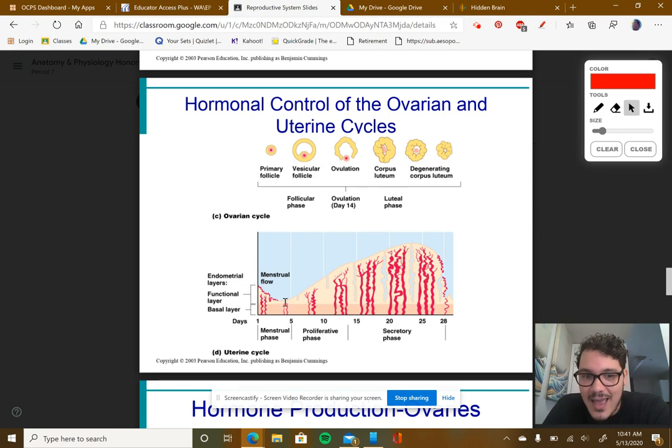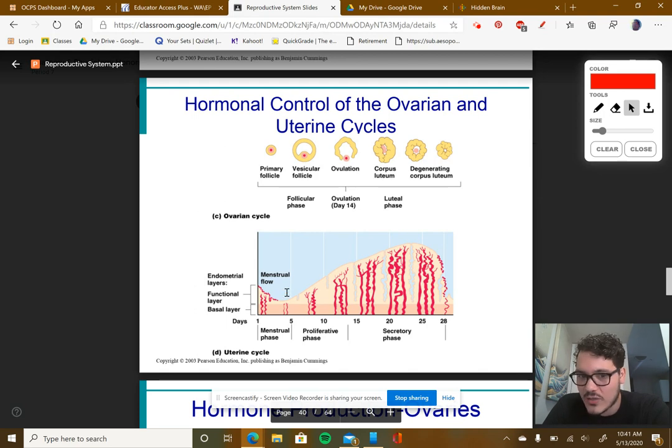You're going to see the endometrium shed itself, and as it sheds itself, it's going to rupture some blood vessels and cause some bleeding. Then from day 5 to 15 or so, or 14, you're going to have proliferation, so it's going to regrow. Then from about day 14 to about day 27 or so, you're going to have this secretory phase where the endometrium actually grows significantly higher, much higher than normal, as you can see.